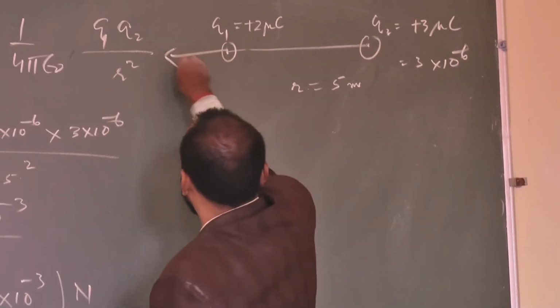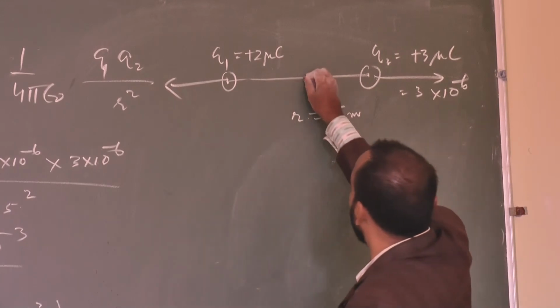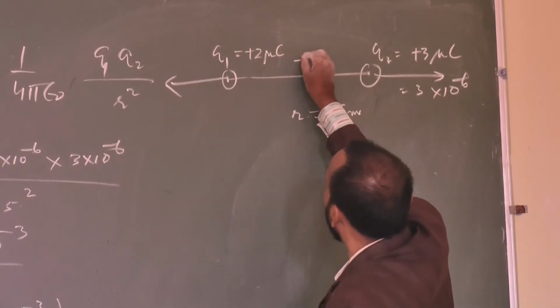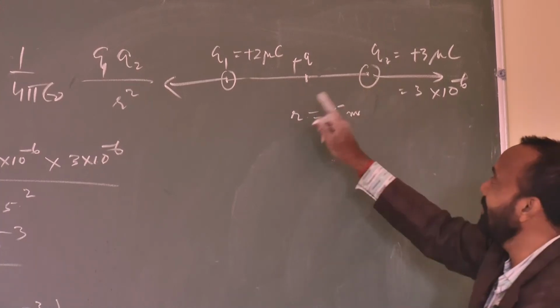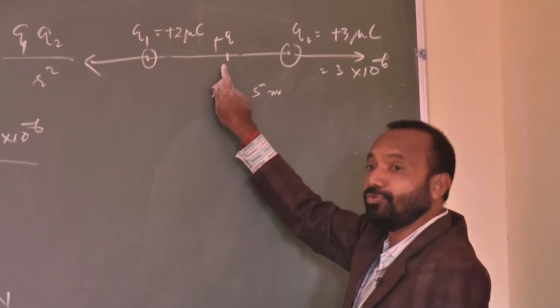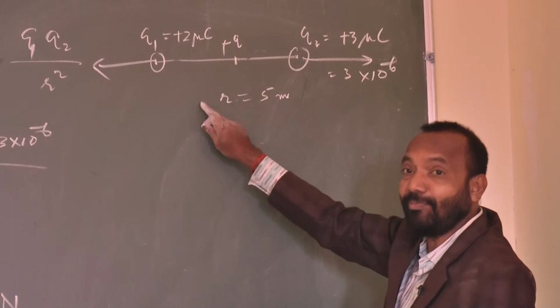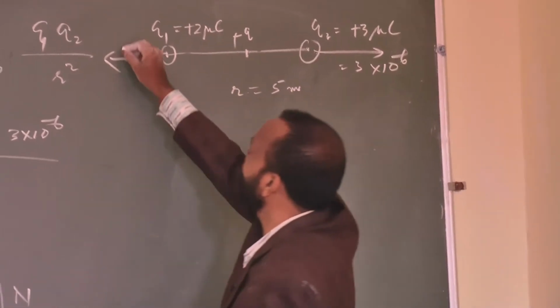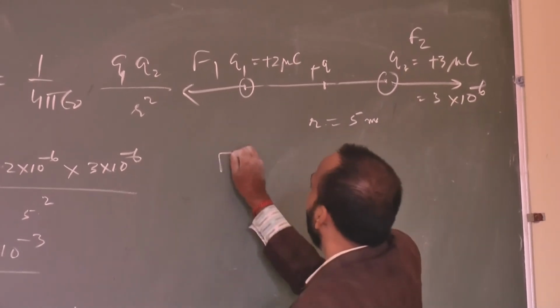This force is in this direction, this force is in this direction. I have to put a plus Q charge, a unit positive charge, so that the forces are in equilibrium. That is, this force is F1, this force is F2, so F1 is equal to F2.